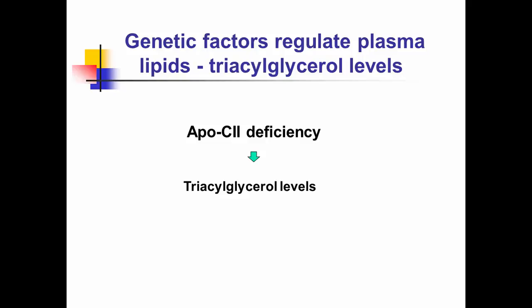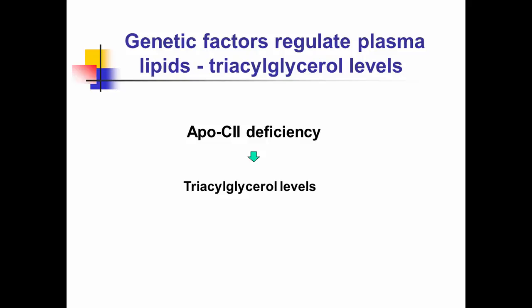First of all, tell me what ApoC2 does. How does ApoC2 affect the triglyceride levels? Lowers it? How? A cofactor to LPL. Yeah, it's a cofactor of the LPL, lipoprotein lipase.